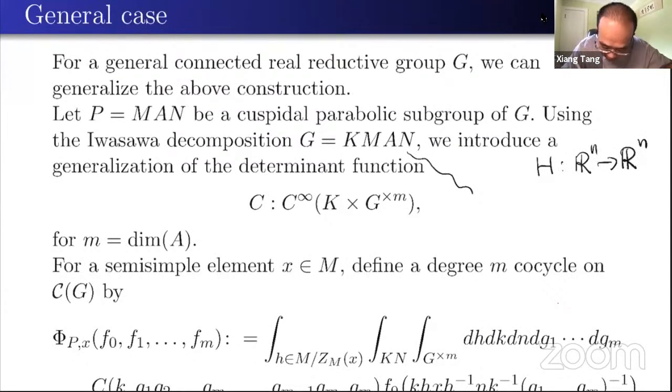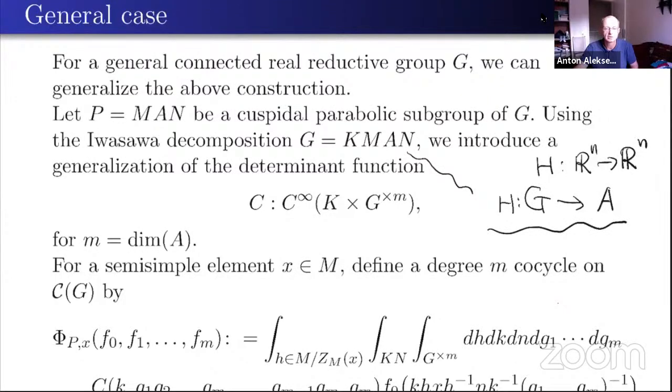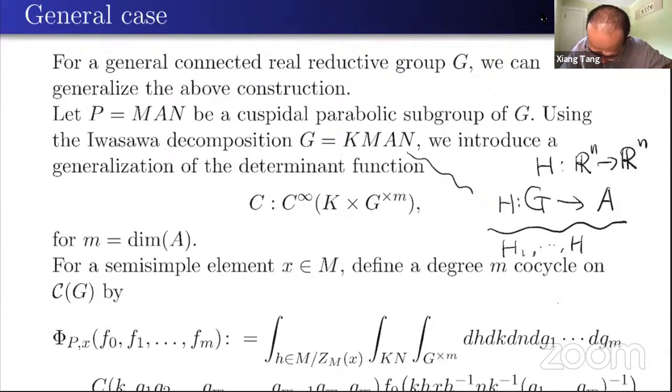Now, for this case, we can generalize this to have a function H from G to A. Then again, you can have H like the coordinates, H1, H2, up to Hm, where m is the rank, the dimension of the A group.